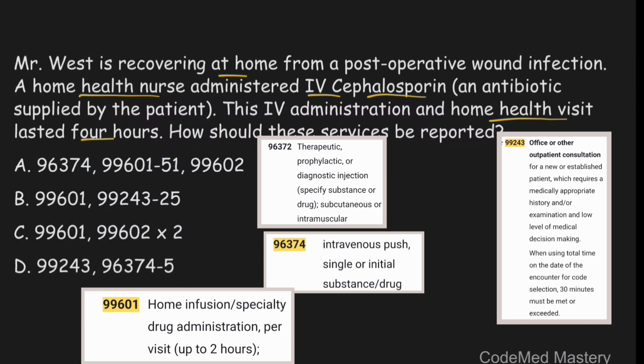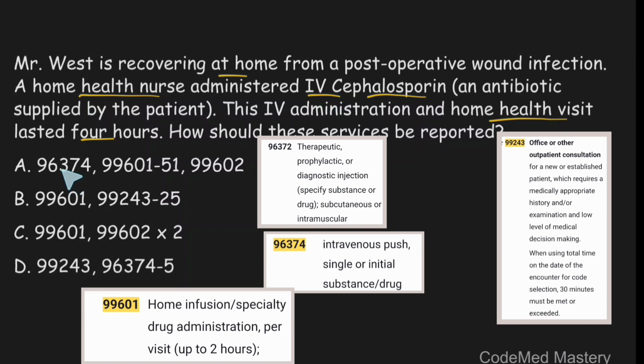Okay, so which among these three codes is matching with the main terms in the question? 99601, right? Because that is for home infusion specialty drug administration per visit. And in the question they have mentioned home health nurse administered IV cephalosporin, right? Therefore the appropriate code is 99601.